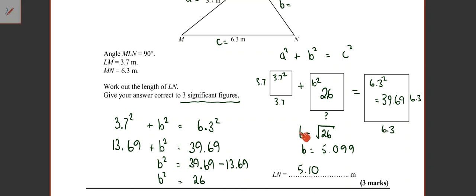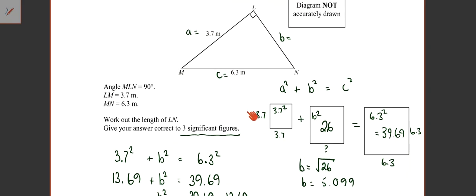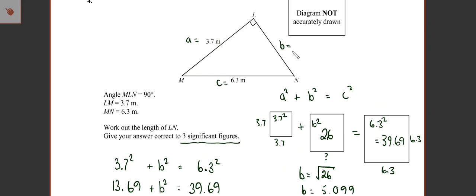I would then say, just check that answer makes sense. As always, put 5.10 up here. Does that number make sense in that diagram? Yeah, it's roughly in the right ballpark, same as these, but it's definitely not longer than that one.